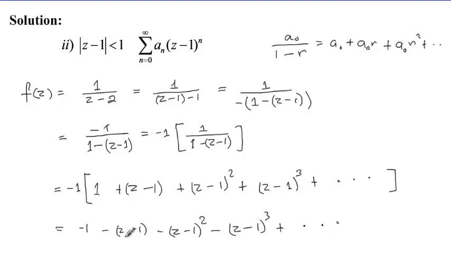So now we can see that we have a similar series, with different coefficients, but with the center translated to 1. And there we can add the condition which was given.